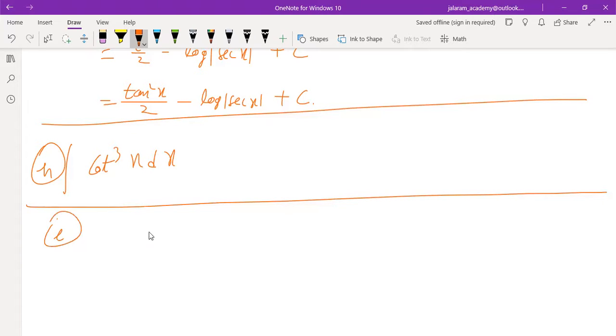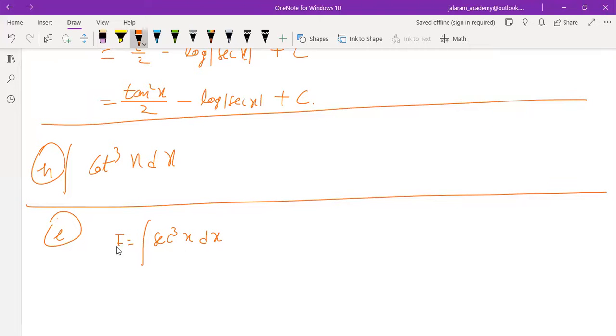Now, one more question. The next trigonometric ratio is sec. If it is sec cube x dx, how do we integrate this? This time you cannot use that method of changing it to sec square x into sec x. Though we can solve it by that method also, for that we have not studied the formula till now.